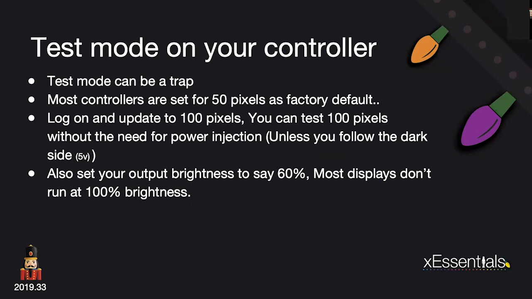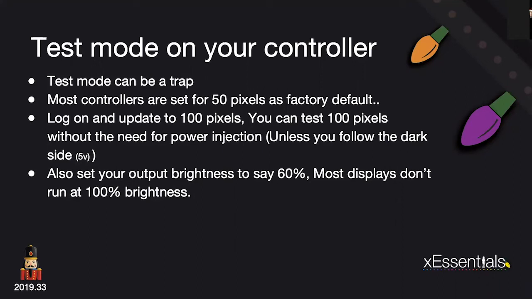So this is where you've just got to, once again, stop. Just log on to it. Update to 100 pixels. You can test 100 pixels without power injection, unless you follow the dark side. But also drop your brightness down to say 60%, because most people don't run their displays at 100%.